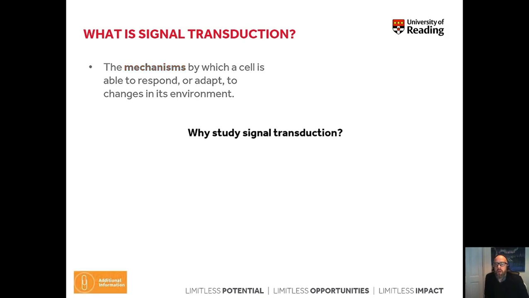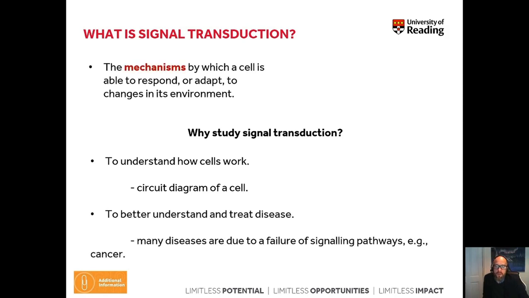So why do we need to know about signal transduction, or why do you as future pharmacists need to know it? You need to understand signal transduction to be able to understand how cells work. And also, you need to know how signal transduction works to understand and treat diseases and disorders, because many diseases are a result of failure of signaling pathways. And one very good example is cancer.